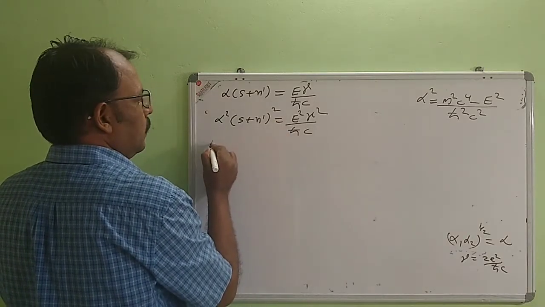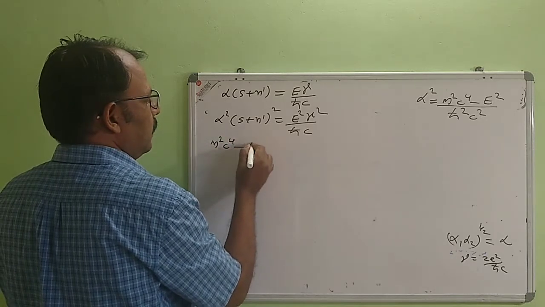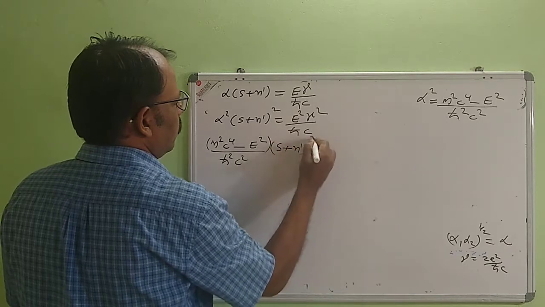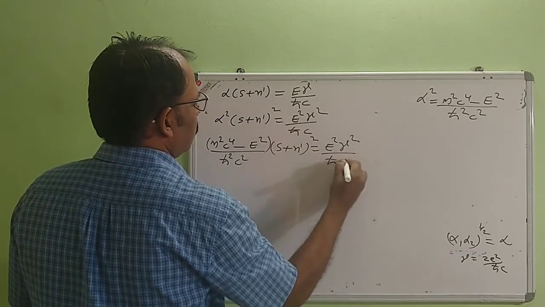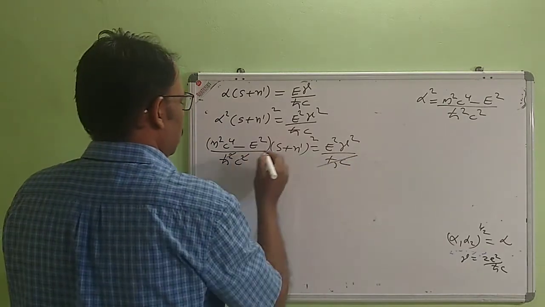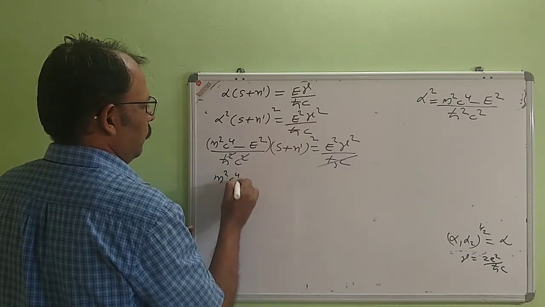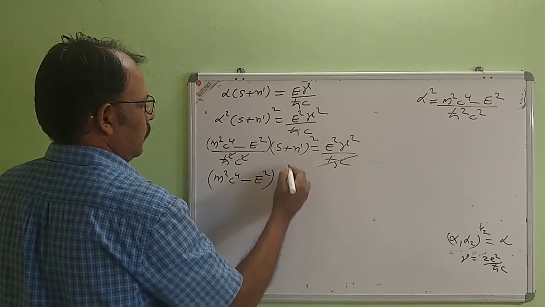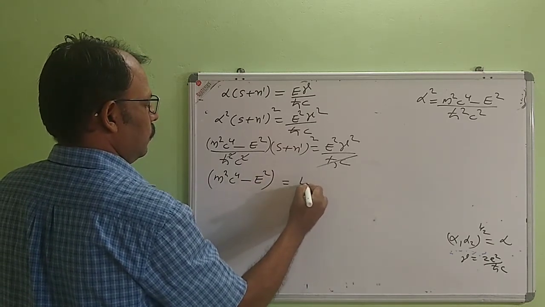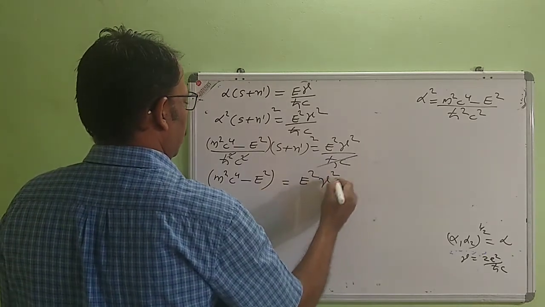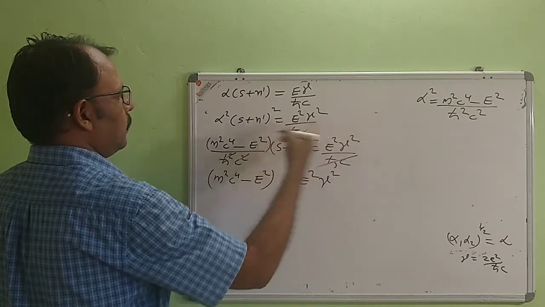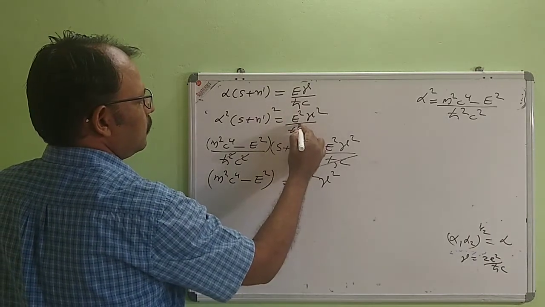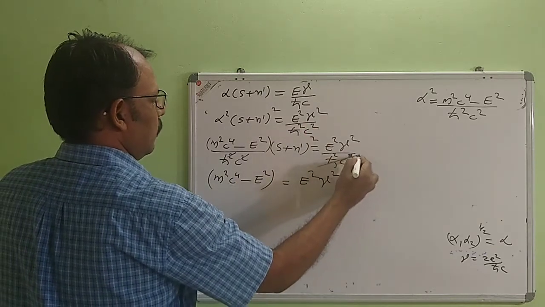If I substitute that value, m square c raised to 4 minus E square by h bar square c square into s plus n prime the whole square equal to E square gamma square by h bar square c square. The h bar square c square will get cancelled.